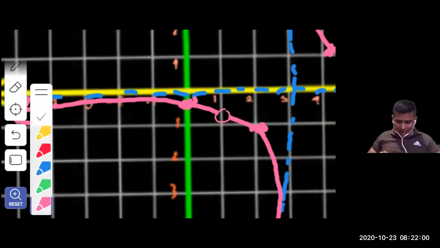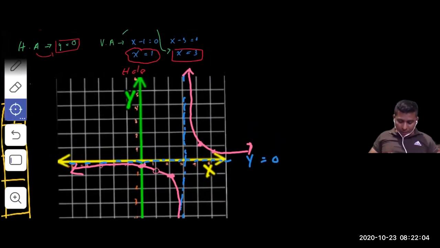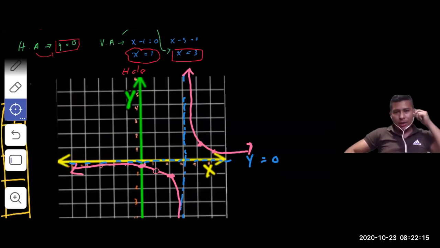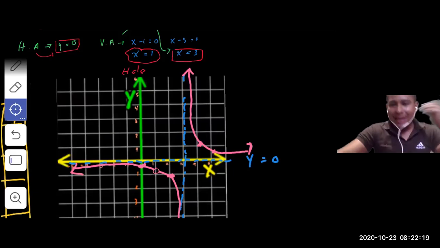That is what we have to do, guys, because at this point in the real expression, the function is not defined. But since we canceled it, this is going to be a hole, just like that. Keep that in mind. We're going to have more examples to practice this kind of function with holes in the next class, of course.